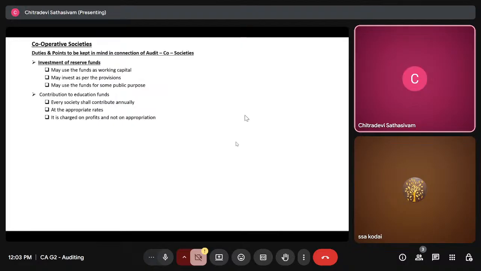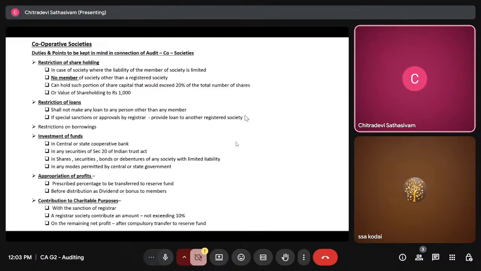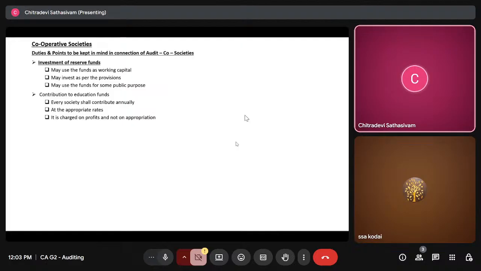Then contribution to education fund. Every society shall contribute annually at the appropriate rate. It is charged as profit, not an appropriation. Again, we know that. Similarly, like before you distribute, you create the reserve fund. Here also the education fund is charged as profit only, not an appropriation.